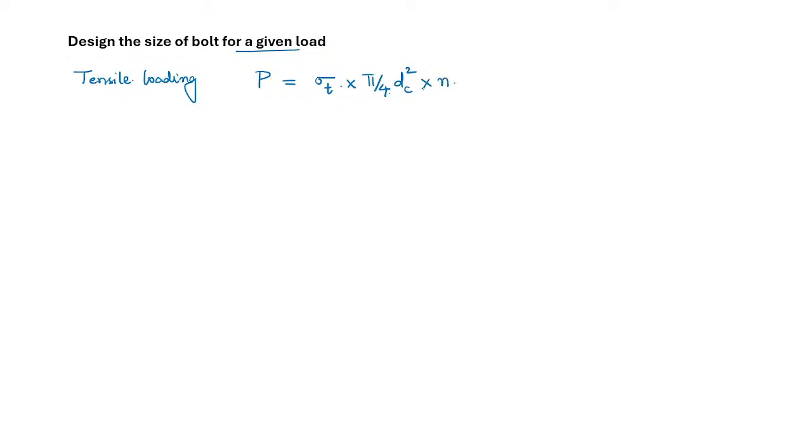N is the number of bolts, dc is the minor diameter, and sigma T is the tensile stress.